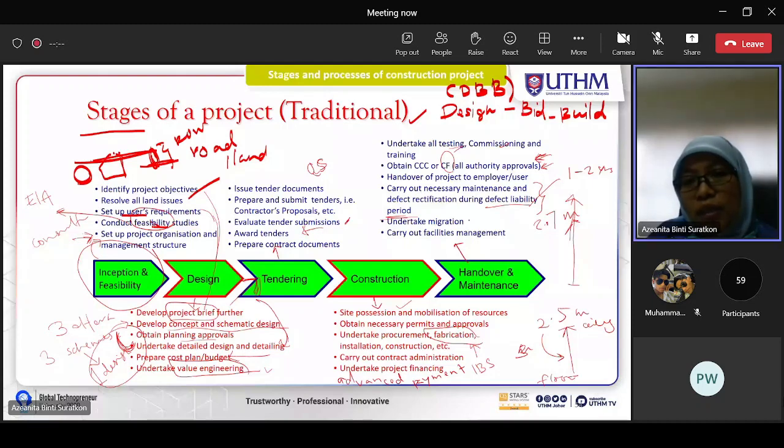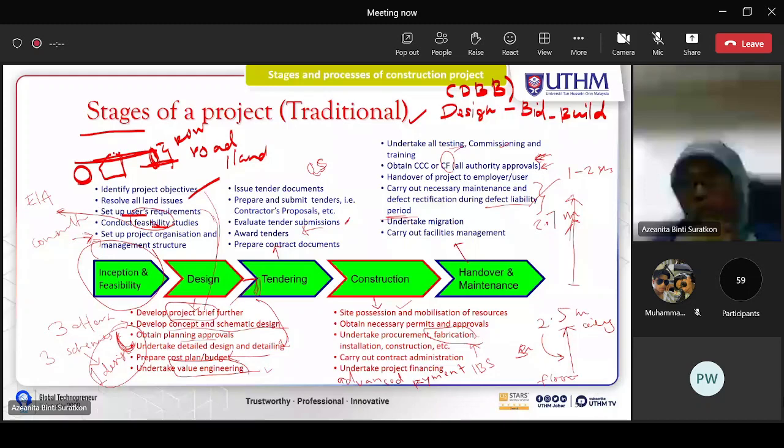Okay, and then undertake demobilisation, meaning the contractor has to really clear all his belongings from the building. Maybe at a certain stage the contractor needs to help the client to manage the building, to run the building.